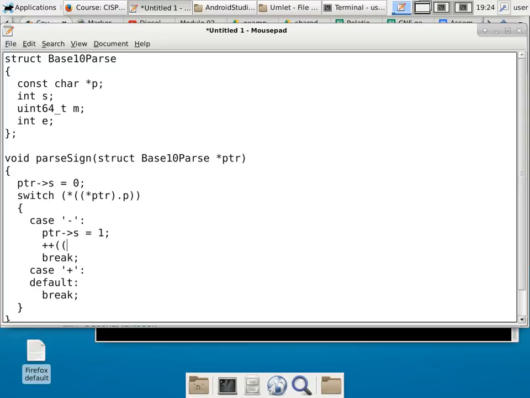So, once again, there are several ways to express this. You can do it this way, or you can say, plus plus PTR points to P. So the other notation is PTR points to P. But in this case, the parentheses is kind of important because it basically says you're not incrementing the pointer PTR itself, you're incrementing a member of what is pointed to by PTR.